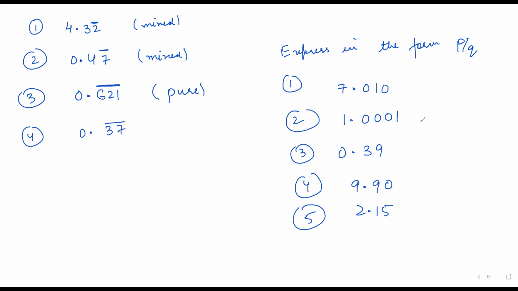So you have to convert them to p by q. Now here also I'm giving you one more. Let me take this one, 0.123 bar, right? So this one you can see is pure, and again, this is mixed recurring.